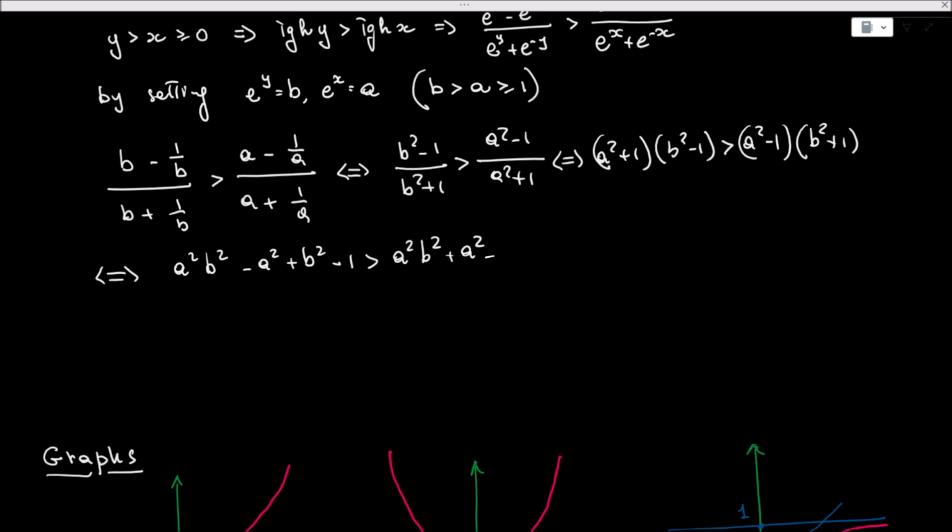Okay, so we have that a²b² and a²b² cancel out, minus 1 and minus 1 cancel out, so this gives me now, well, we have (b² - a²) times 2, right?